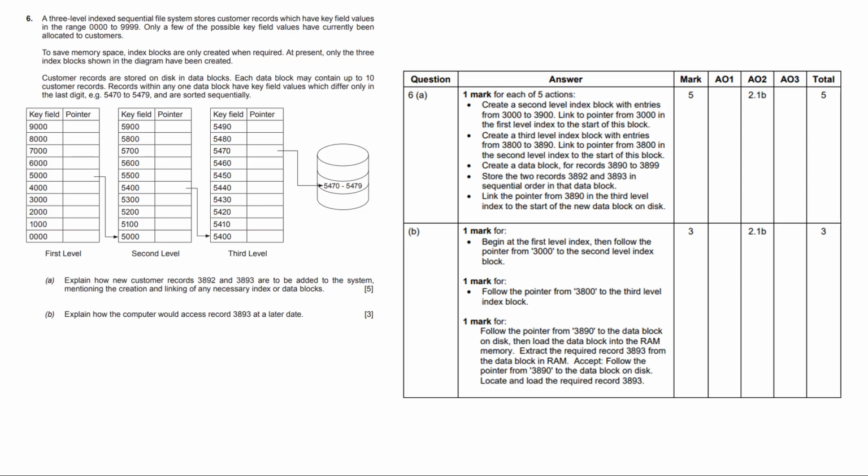We create a data block for records 3890 to 3899, store the two records 3892 and 3893 in sequential order in that block. We link the pointer from 3890 in the third level index to the start of the new data block on the disk.